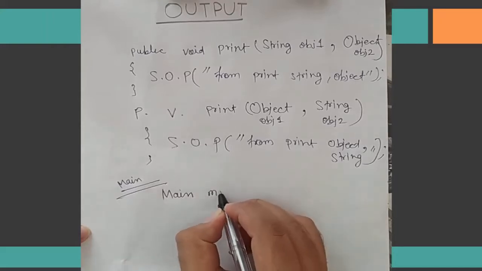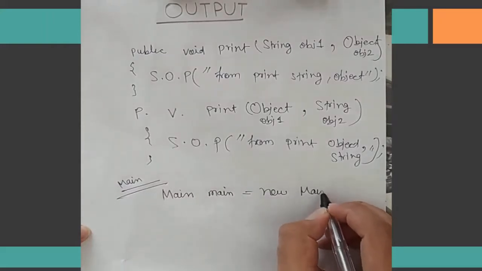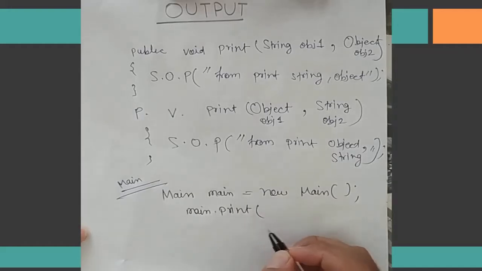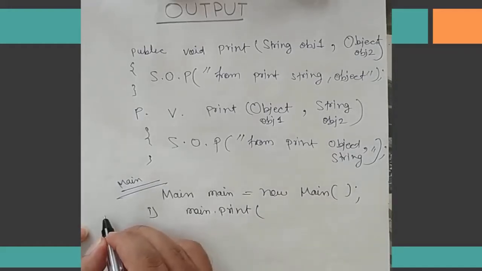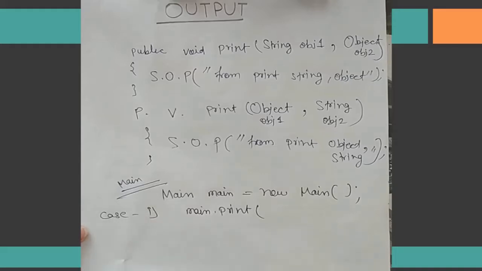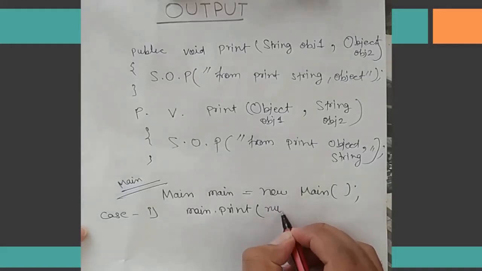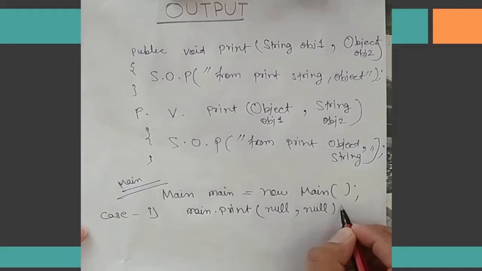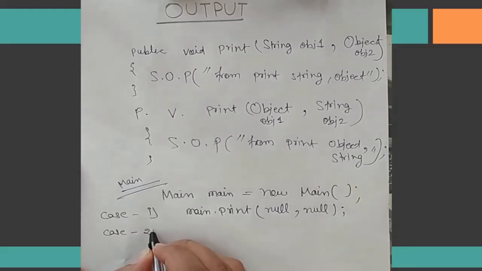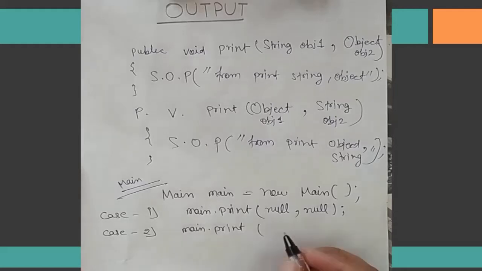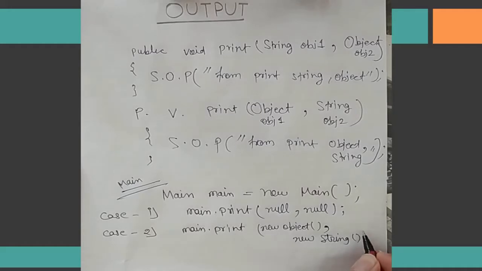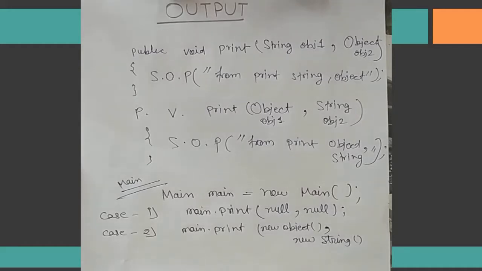Now let's say we have created main equals new Main, basically the object of this class, and now I'm calling main.print. Case 1: I'm passing null and then null for the second argument. Case 2: main.print, I am passing new Object comma new String.